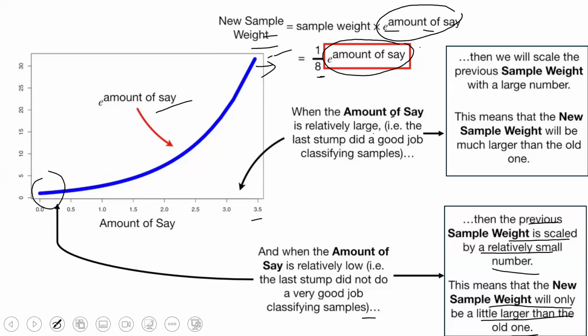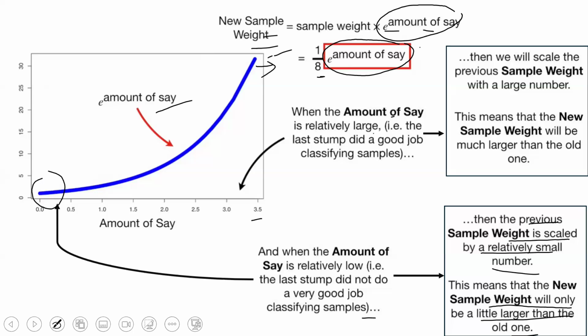There will be many records which are wrongly classified, so the importance for one record will not drastically change. It will be even across all the records because so many records are wrongly classified.